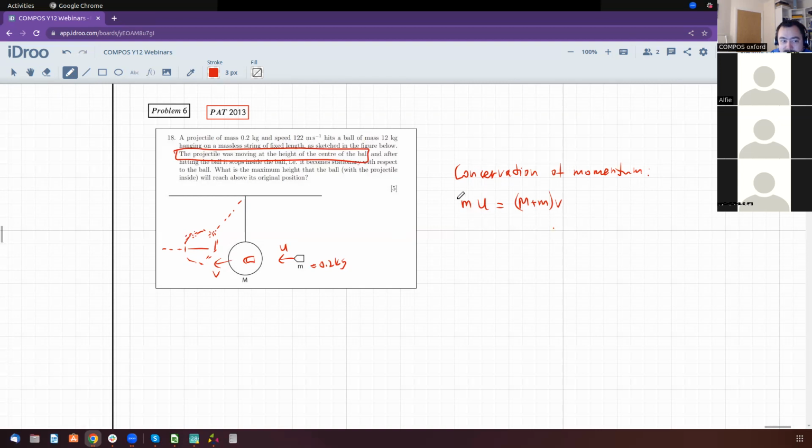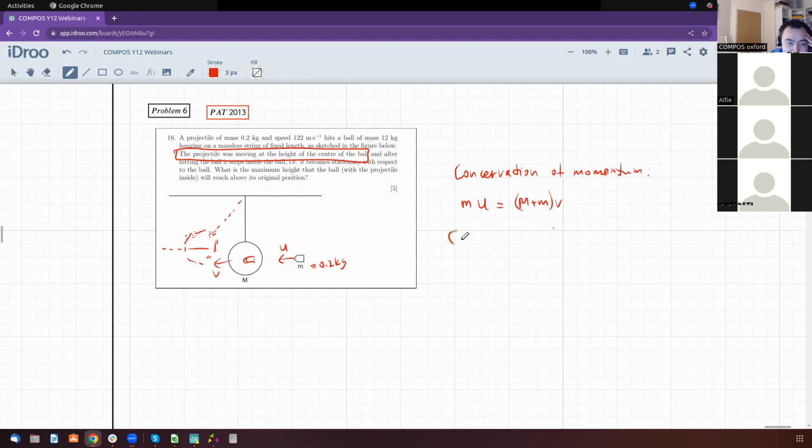Momentum before is mu, and momentum after, we have the ball and the bullet both traveling with velocity v, so it's (M plus m) v. Big M is the mass of the heavy ball. The projectile stops inside the ball. What is the maximum height that the ball can reach?